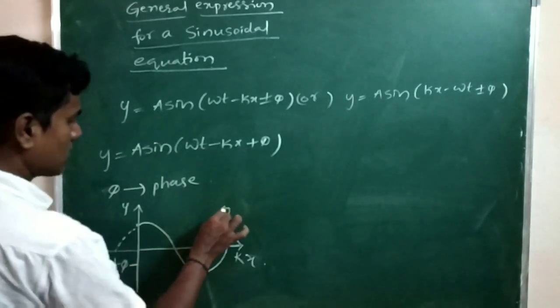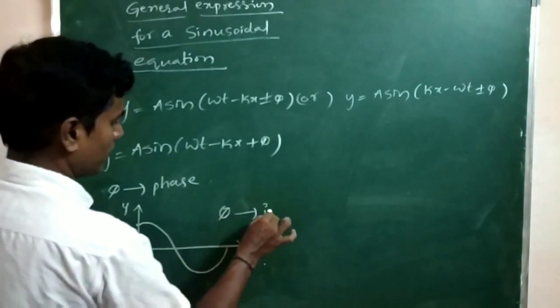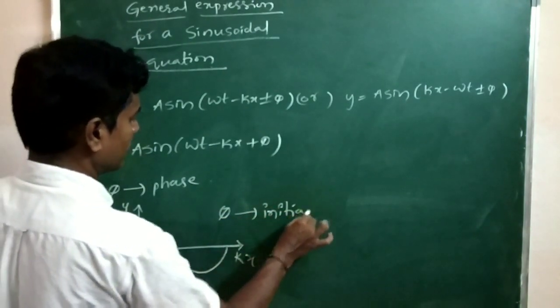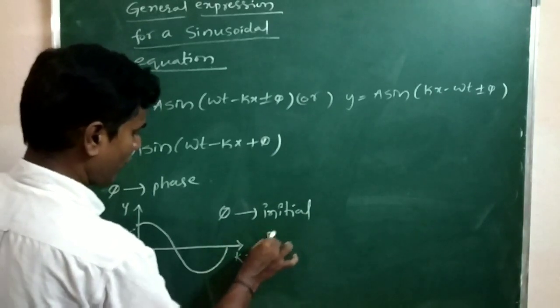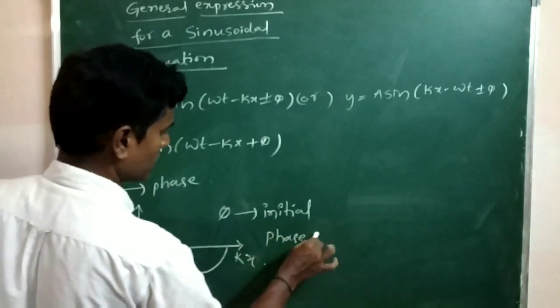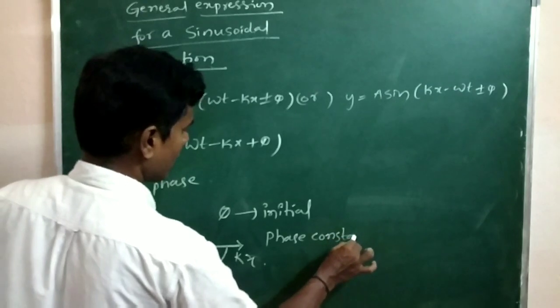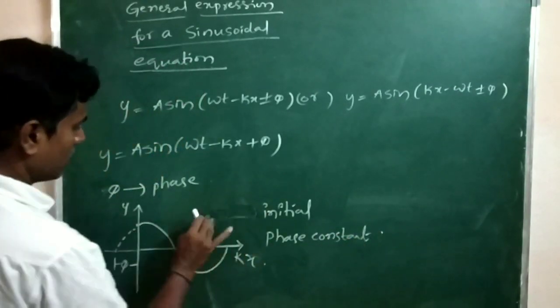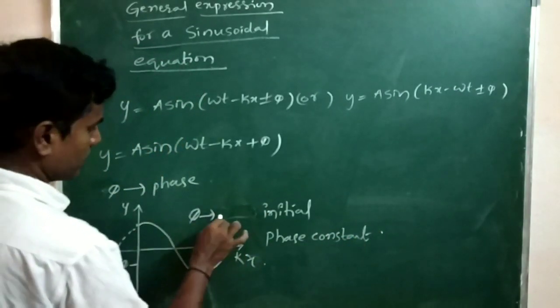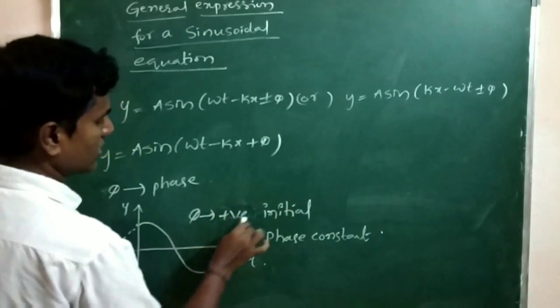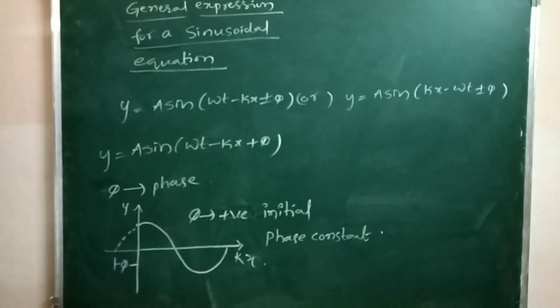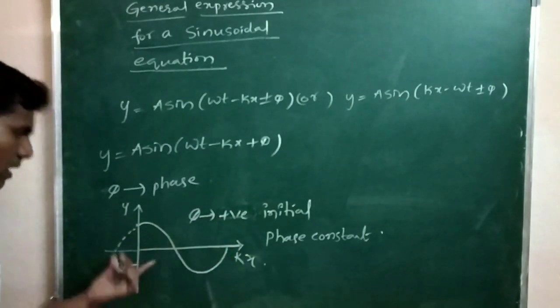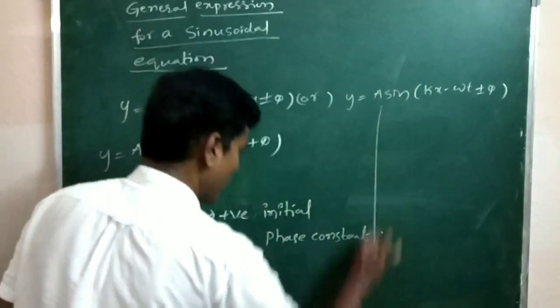The phase pi is the initial phase constant. Pi is a positive initial phase constant.